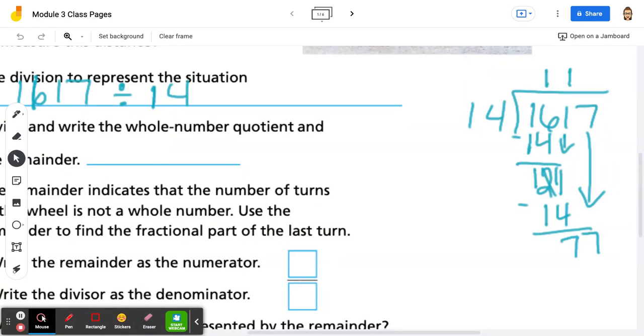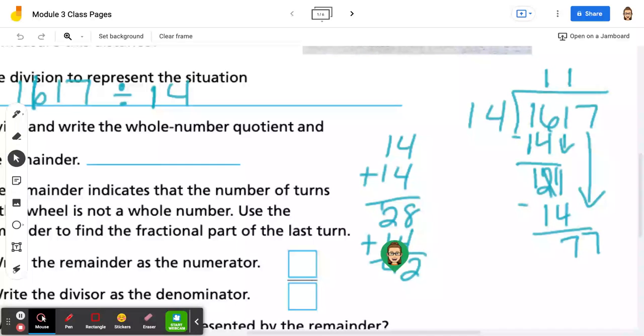Now I need to see how many times 14 goes into 77. Well, we have 14. If we add 14 to that, we get 28. Plus 14 is 42. Plus 14 is 56. Plus 14 is 70. If I add 14 again, it gives me 84. That's too many.